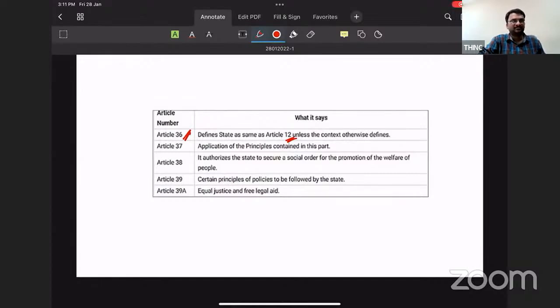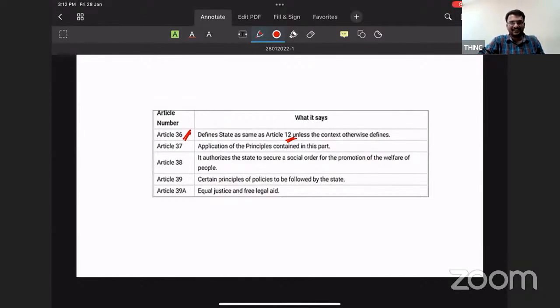If you take Indian Oil, Indian Oil is a state according to the constitution. Kerala is a state, or a particular ministry is a state. So any organization, they can call a state. The definition of the state as per the constitution is not that much recorded in our exam, I think, but for your understanding, I'm just giving you an idea.